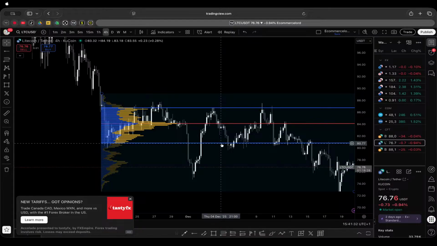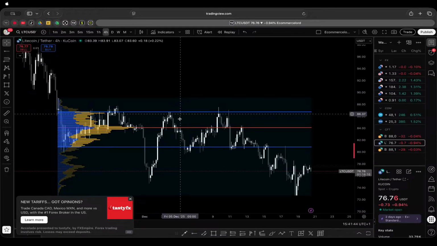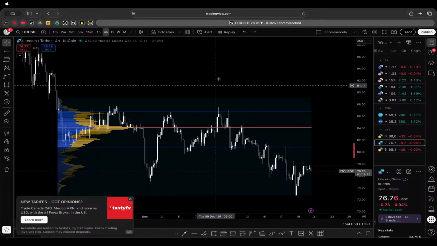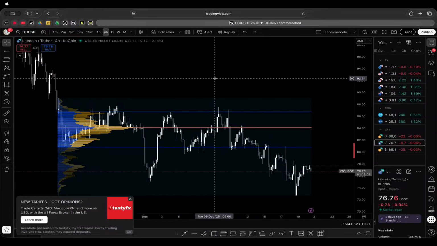And this you can also use as a resistance or support level, or to take profits. This is where most of the volume is traded, forming the high and the low close to that. If you have an idea of what volume is going on in crypto, you're going to make massive money.